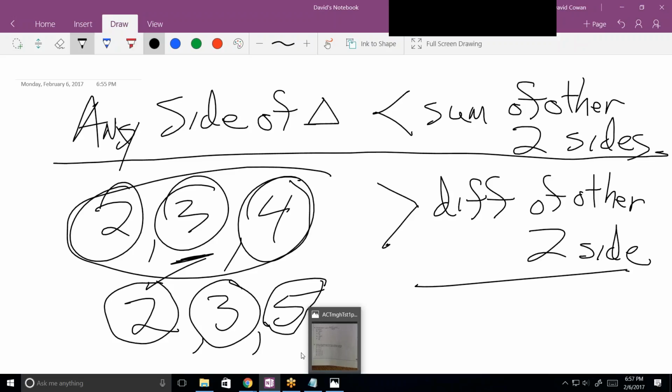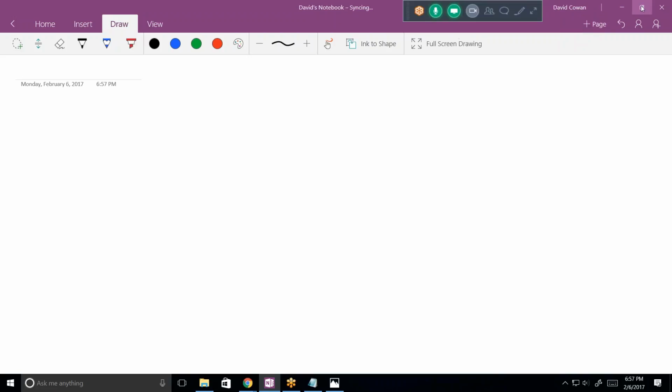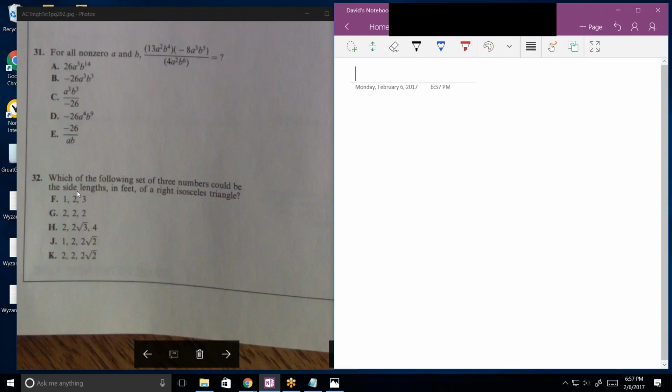And you might get problems like that where they'll say, which of the following could be a triangle? Something very similar to 32. Which of the following could be a triangle? Can F be a triangle? Definitely not an isosceles triangle, but can it even be a triangle? No, can't be.